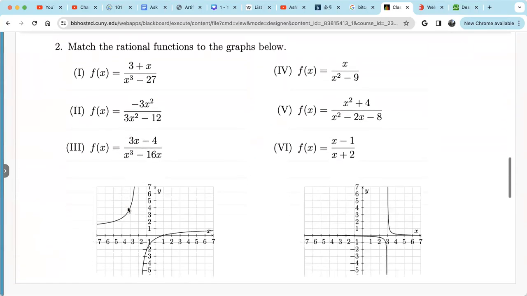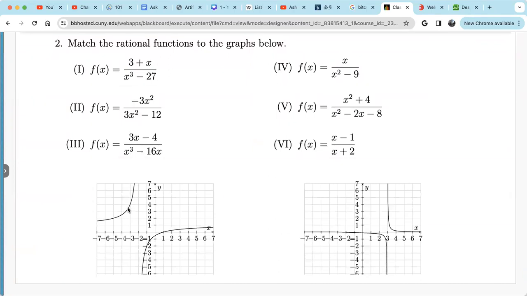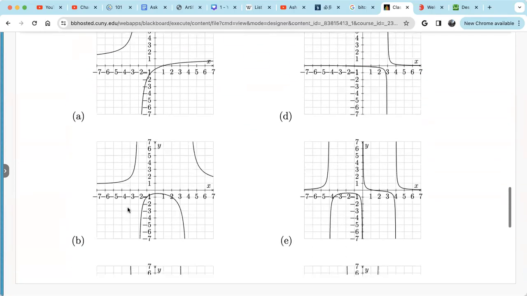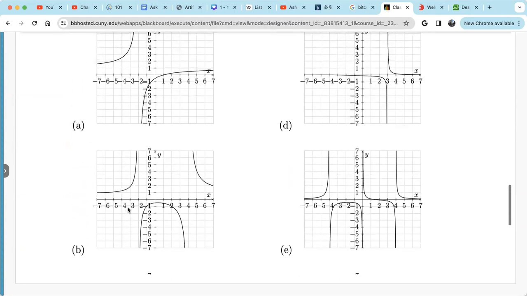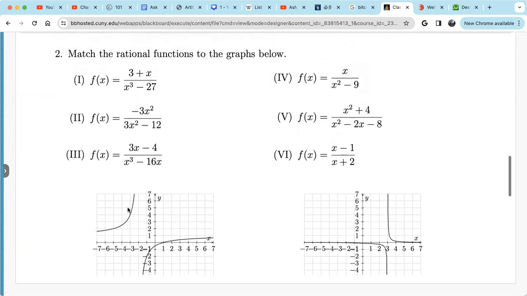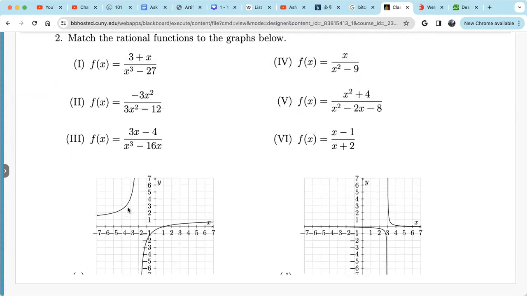Let's see, 2. So we want to match rational functions with the graphs given. So we're going to look for the obvious characteristics. Let's see the first one. We have the denominator, so we look for vertical asymptotes or horizontal asymptotes, right?